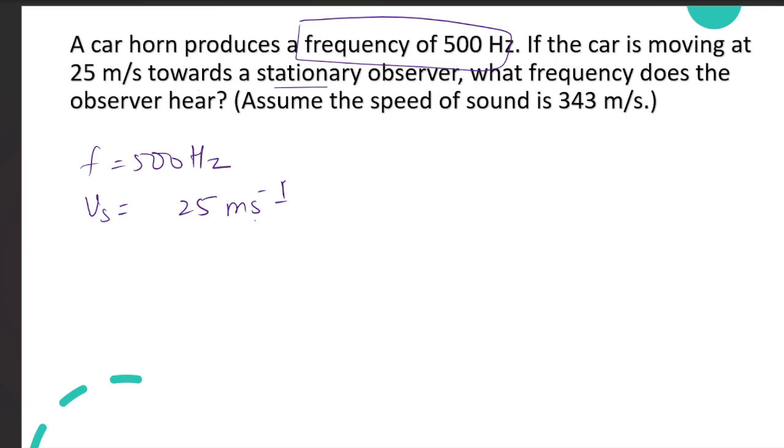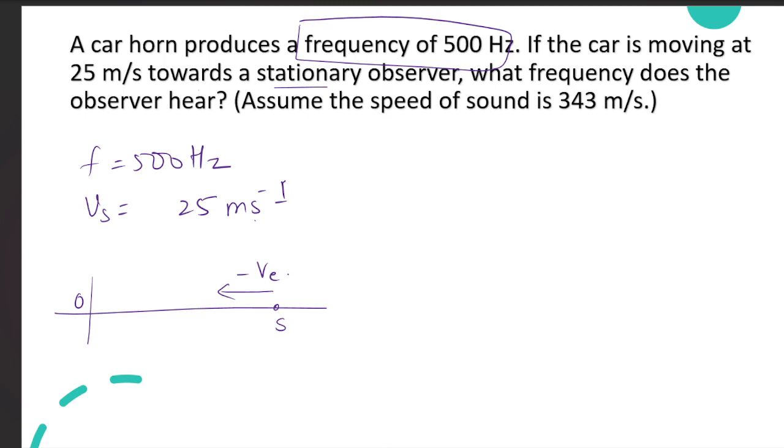If you remember the diagram in the last video in which I had explained how to use the plus and minus sign in the formula of Doppler effect, then this was the diagram. Here this is source and here is the observer, and since source is moving towards the observer, velocity we will take as negative. Why we are taking velocity negative, you can see that in the last video.